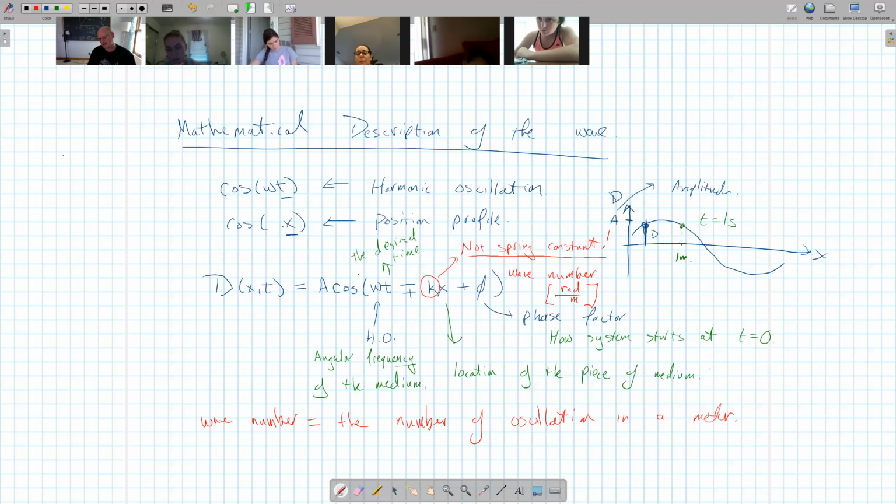This is making a little more than 1/4 oscillation in a meter. So this would be our wave number. The wave number is a measure of how many oscillations there are in a given amount of distance, whereas the angular frequency is how many oscillations there are in a given amount of time. So this is our wave number.